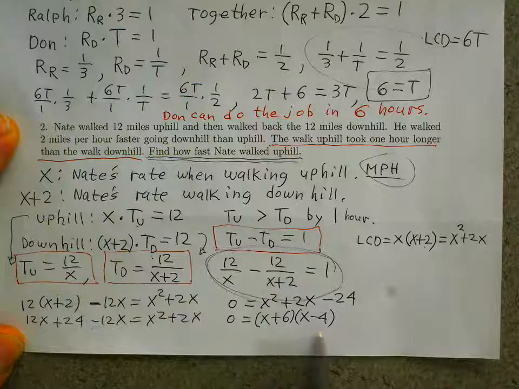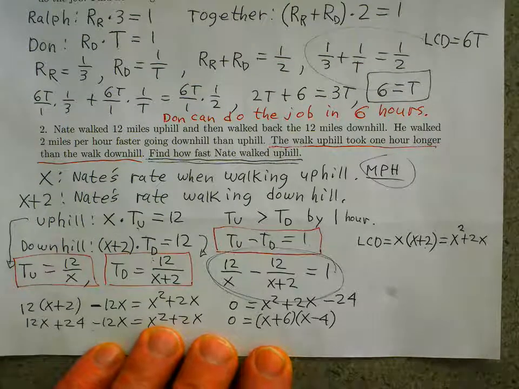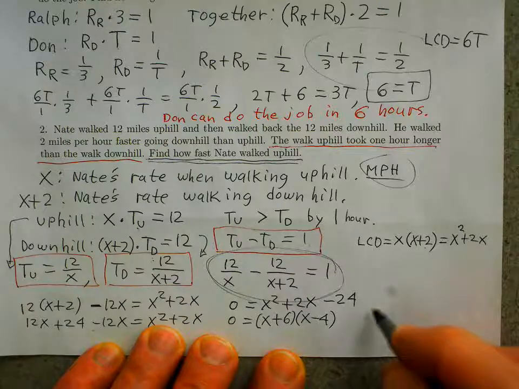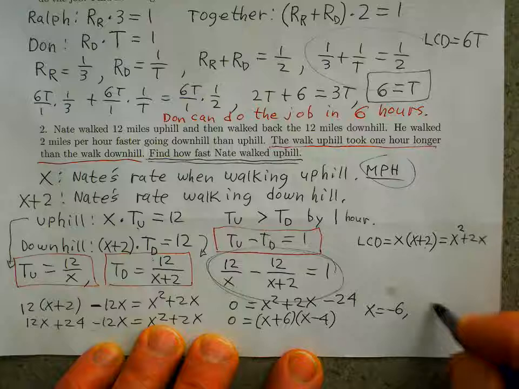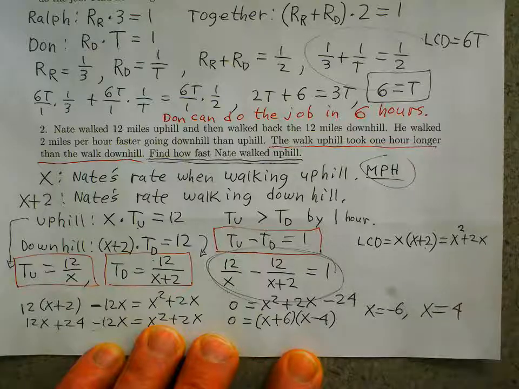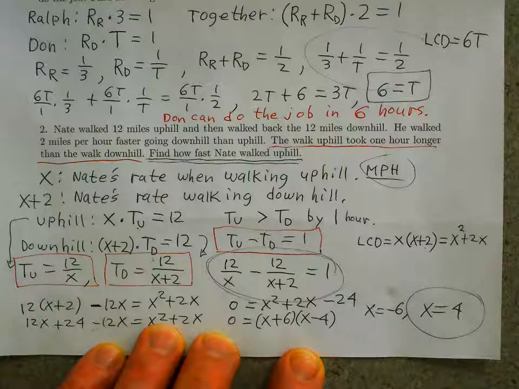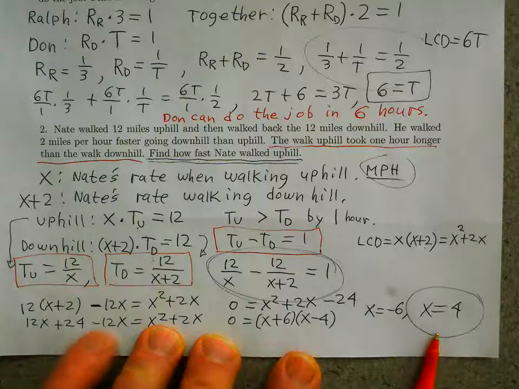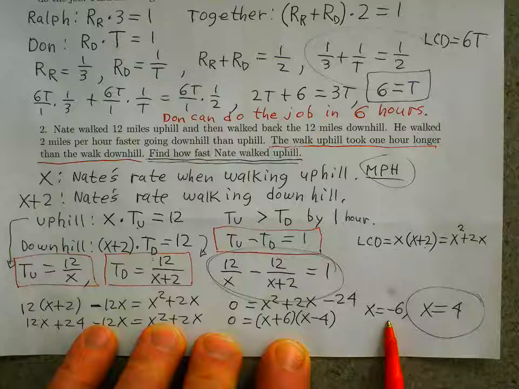This equation has two solutions, but only one of them is going to make sense. One of the solutions is x equals negative 6. The other solution is x equals positive 4. So we want the positive solution. What would it mean if Nate walked at negative 6 miles per hour?